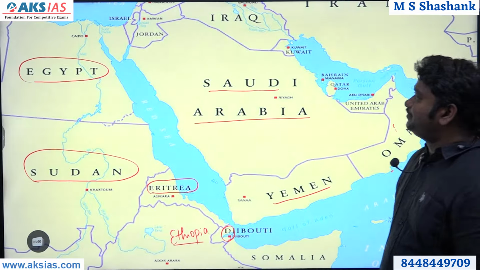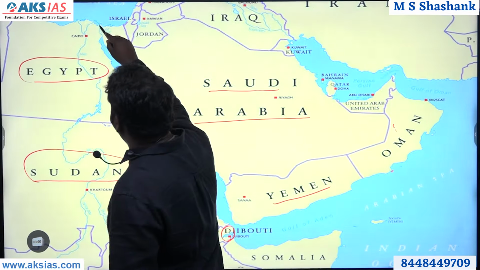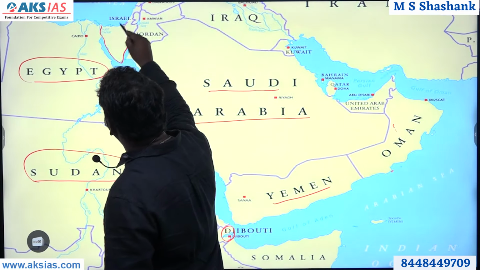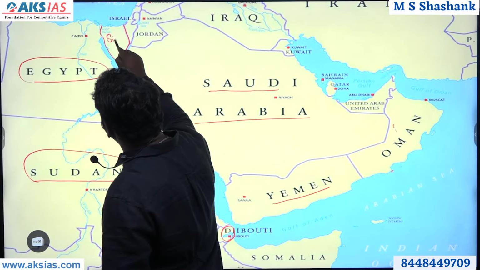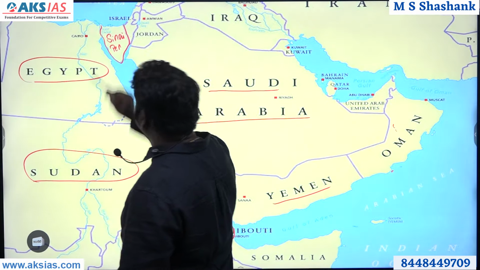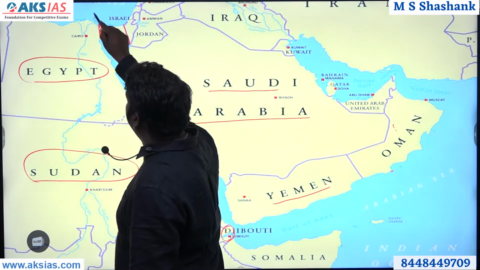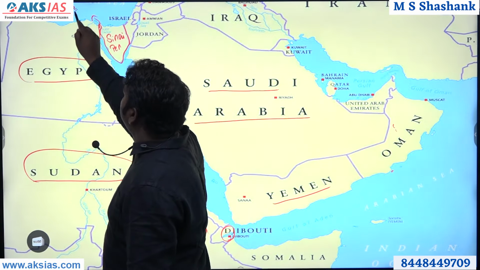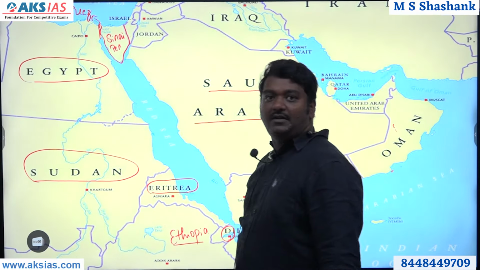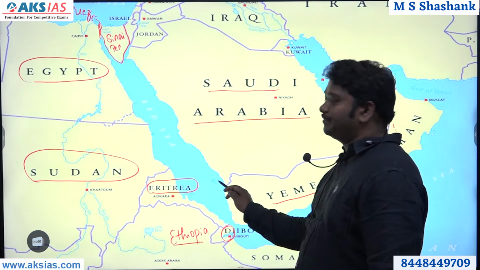Then comes Egypt. Now this particular part of Egypt is called Sinai Peninsula. And this is our Suez Canal. This is Red Sea.